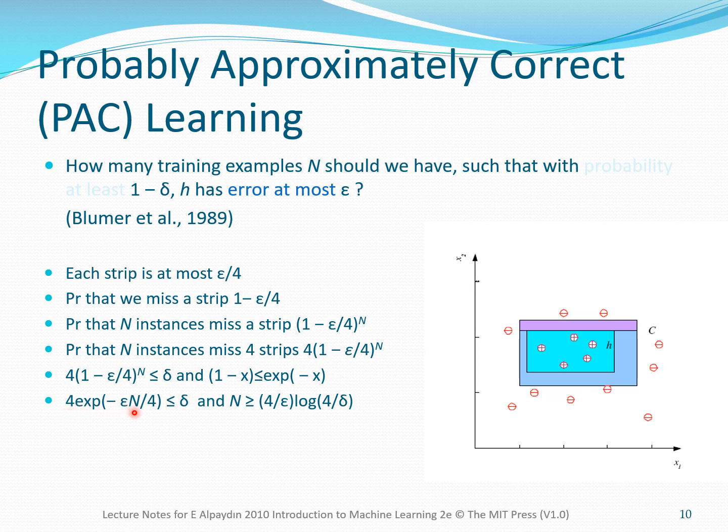So 4 times exponent of negative epsilon n by 4 has to be less than or equal to delta, and n greater than or equal to 4 by epsilon log of 4 by delta. The difference between H and C is the sum of the rectangular strips, one of which is shaded as seen in this figure.